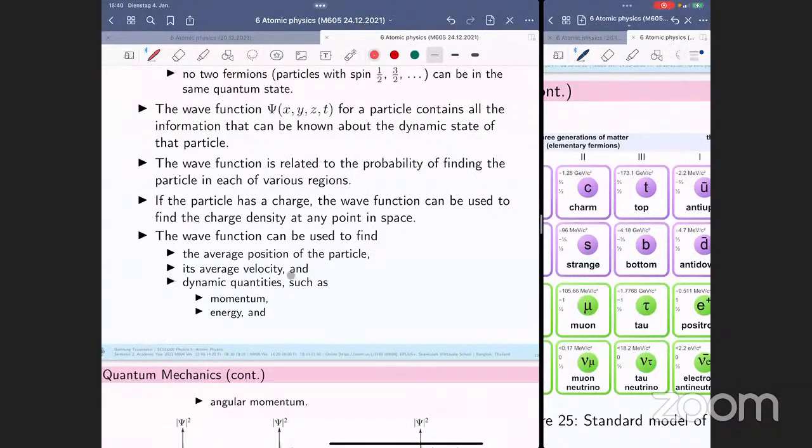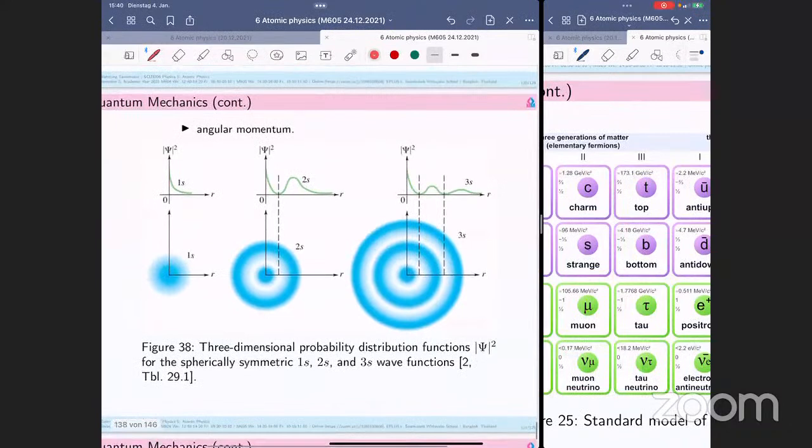You could find the average velocity. You could find dynamic quantities like momentum and energy. So the wave function is quite useful to describe the tiny particle. And the angular momentum could also be found from the wave function.